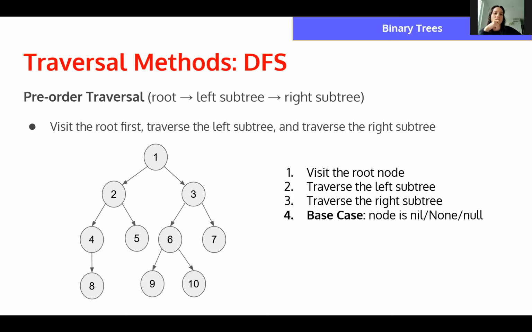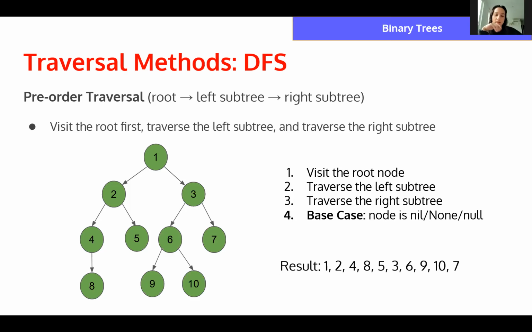I can start us off if we need to. Go ahead. Okay, so I think it would be 1, then 2, 4, 8, 5, 3, 6, 9, 10, and then 7. Excellent. You did amazing.